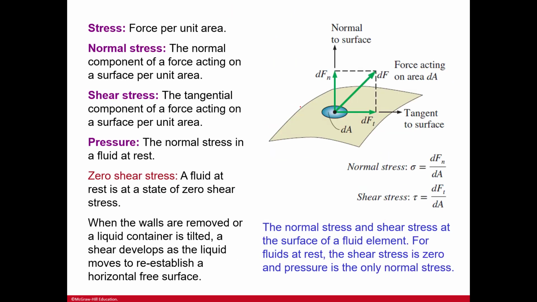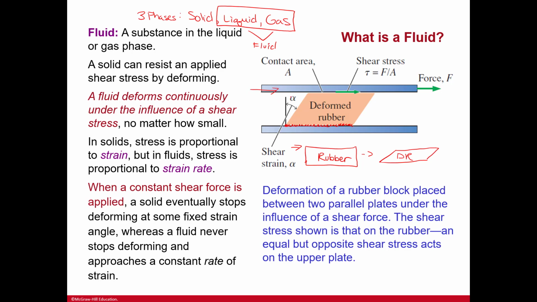And so this change from the starting point to the ending point is shear strain. So strain received from the deformation, right? We have the contact area, that's the A, right? We have shear stress, force over area, and then we have the force that's applied, okay?